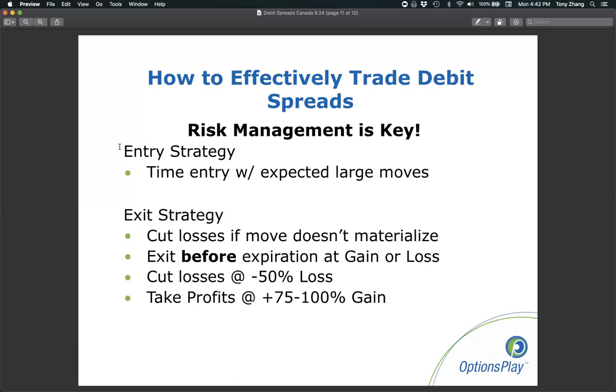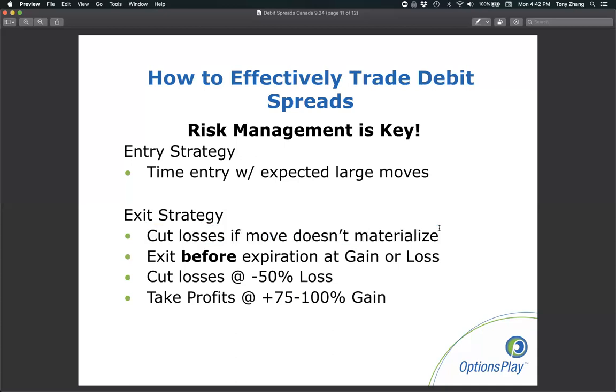So like we said before, when you're trading a debit spread, you want to time your entry when you expect a large move in one direction or another. And generally speaking, once you're in a trade, how to manage that trade is pretty straightforward. Number one, you want to cut your losses if the large move that you're expecting does not materialize.